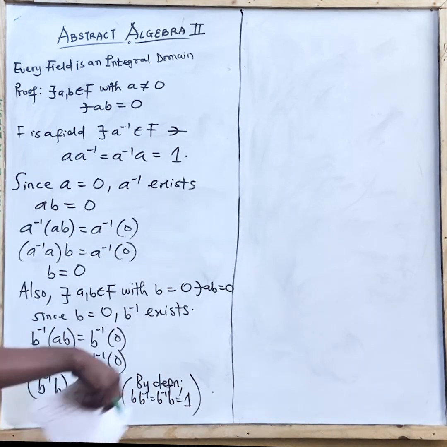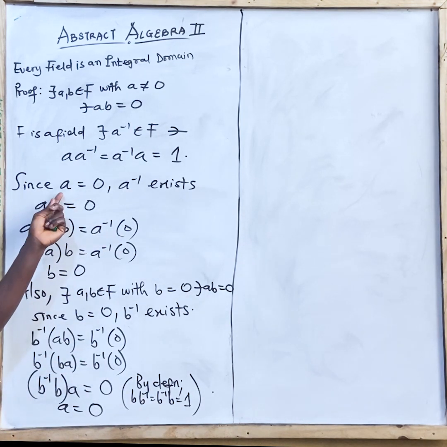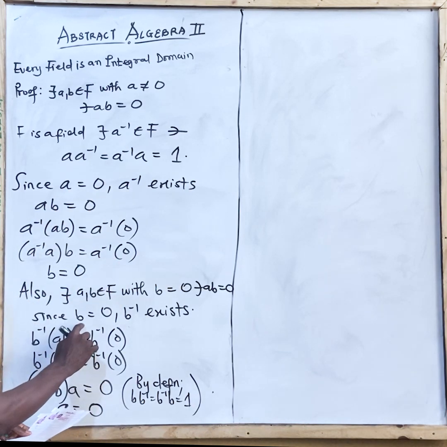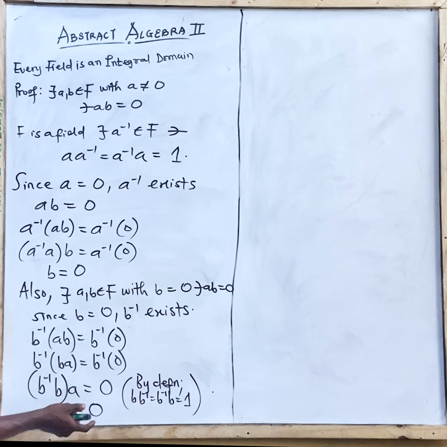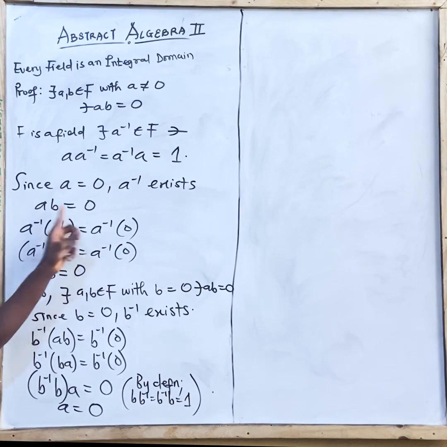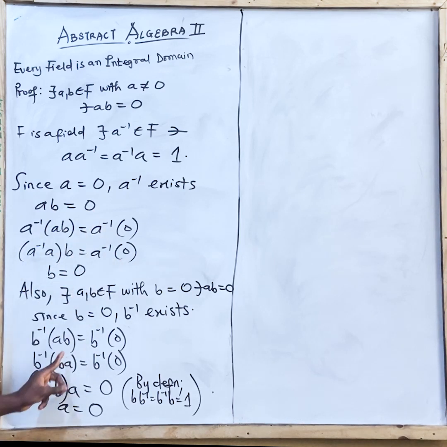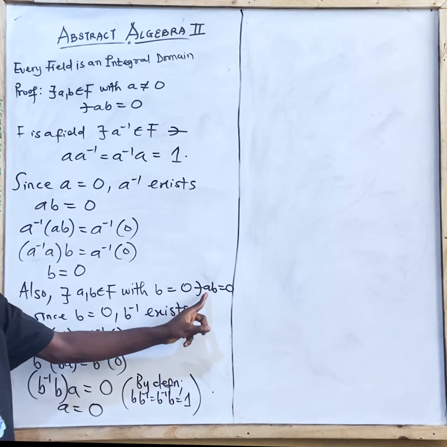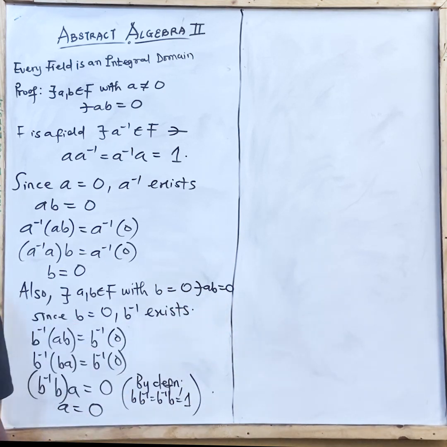And I was also able to prove the converse, because you cannot just tell me that A equals B equals 0. You must also show what happens if B comes first. So if A is equal to 0, B is equal to 0, AB is equal to 0. If B is equal to 0 and A is equal to 0, then BA equals 0.